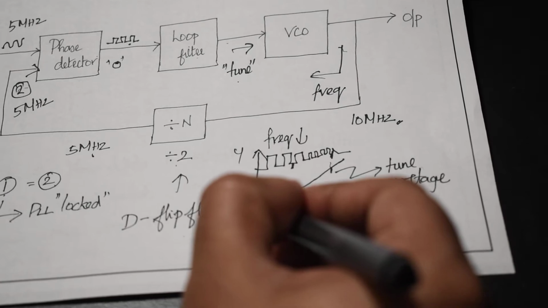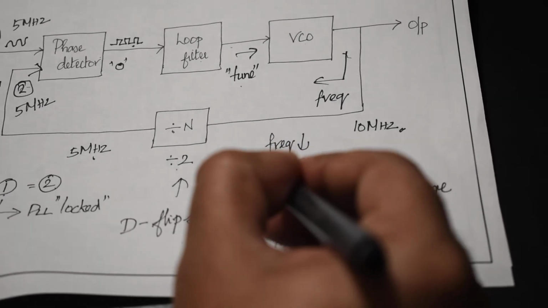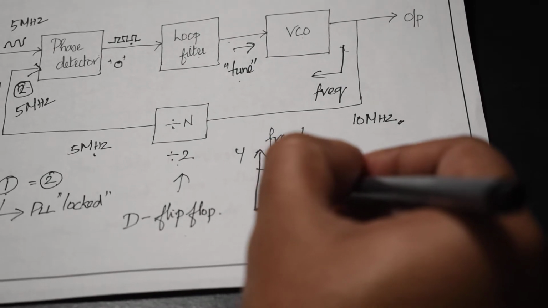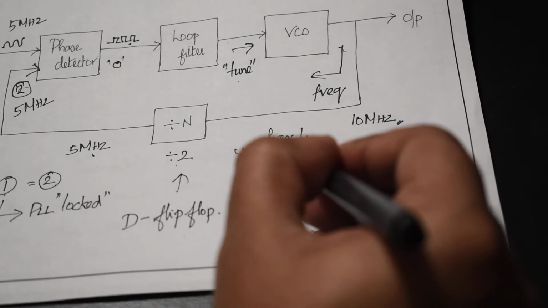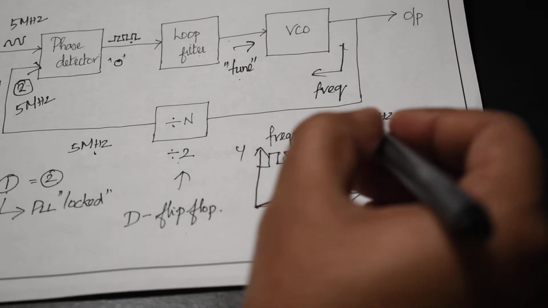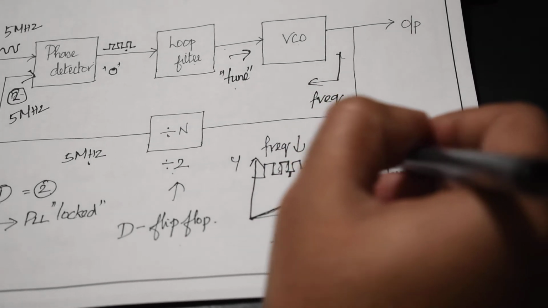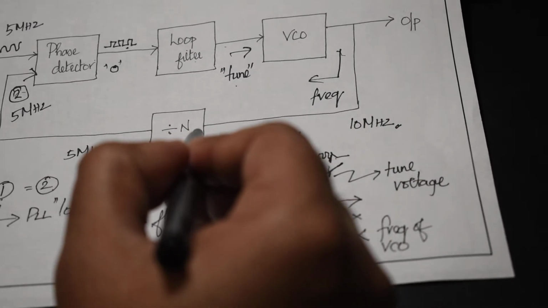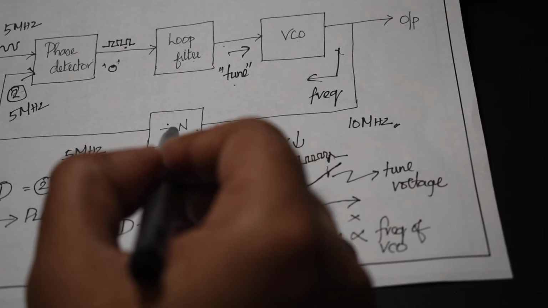So whenever you have a low voltage here, it generates a corresponding low frequency, and whenever you have a higher voltage, it generates a quicker wave, which is a faster wave, meaning higher the frequency. So this is actually given as the input to the divide by n block.